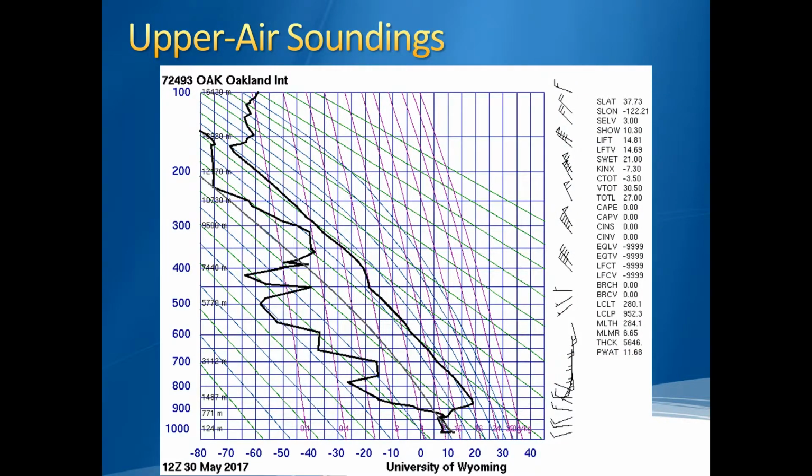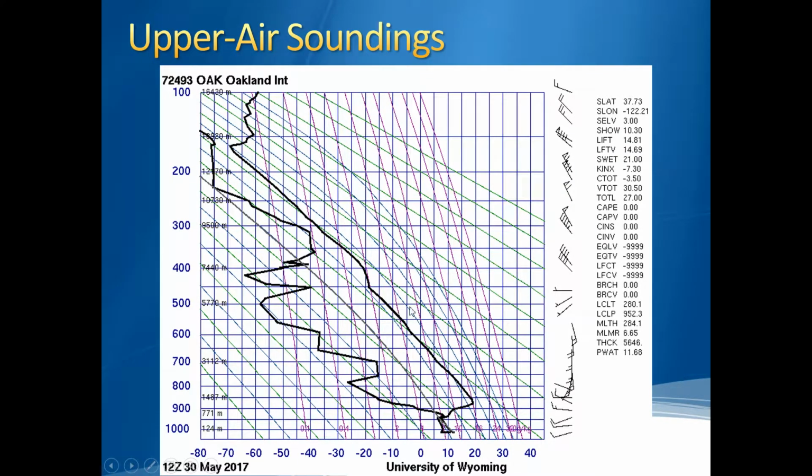The last thing that we look at are what are called soundings. And you've actually done a few of these so far this quarter. These are plotted on what's called a Stuve diagram. And the Stuve diagram shows a few different things. What I want you to look at primarily is these two black lines.